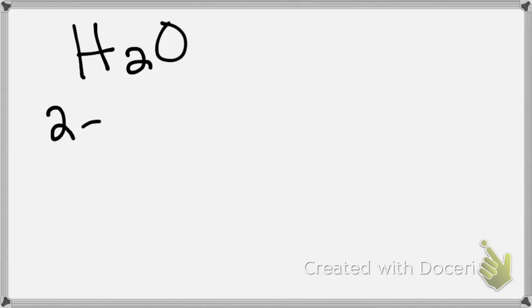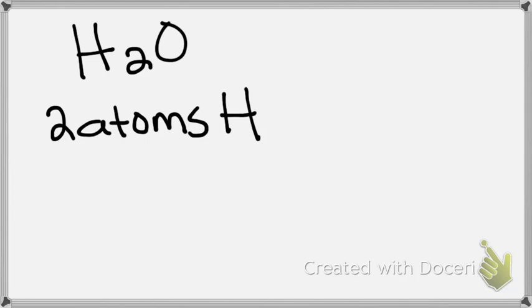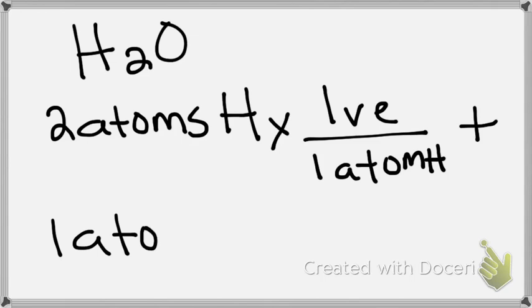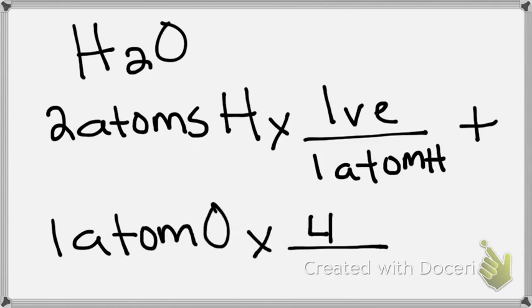Well, we have 2 atoms of hydrogen multiplied by the valence. The valence of hydrogen is in group 1, so it's got 1 valence electron for every 1 atom of hydrogen. Plus, how many atoms of the second element do we have? Well, we have 1 atom of oxygen multiplied by the valence of oxygen, which is 4 valence electrons for every 1 atom of oxygen.